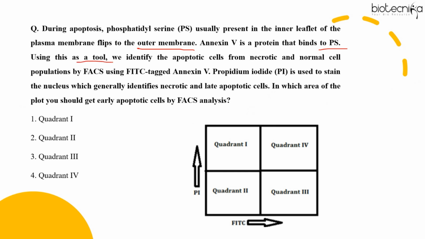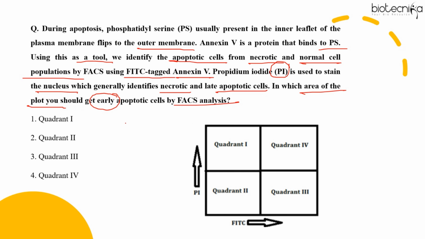Using this as a tool, we identify the apoptotic cells from necrotic and normal cell population by FACS using FITC tagged annexin 5. Propidium iodide is used to stain the nucleus, which generally identifies necrotic and late apoptotic cells. So in which area of the plot should you get early apoptotic cells by FACS analysis?